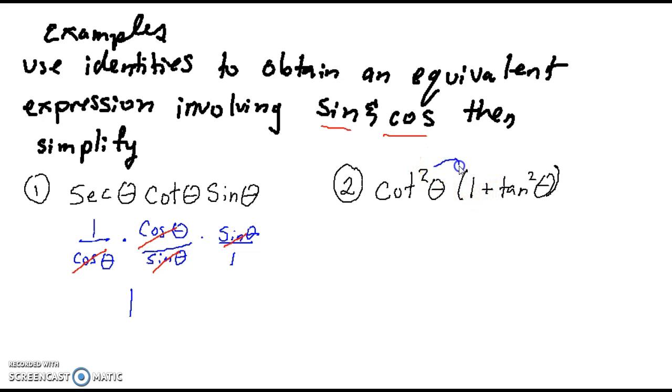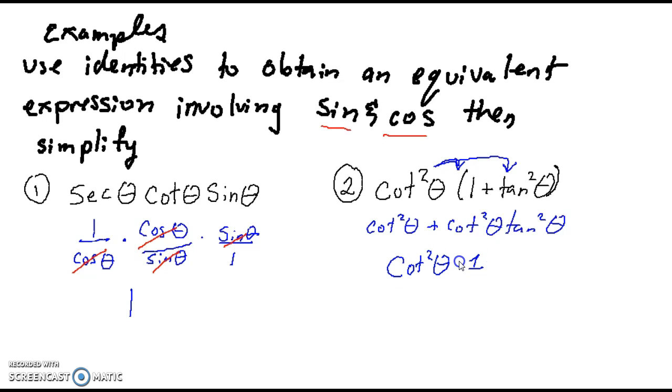Cotangent squared theta times 1 just stays as cotangent squared theta, and then plus cotangent squared theta times tangent squared theta. Now, what do I know? Cotangents and tangents are reciprocals of each other. Anytime I multiply reciprocals by each other, this will give you 1. And don't forget the plus sign in between.